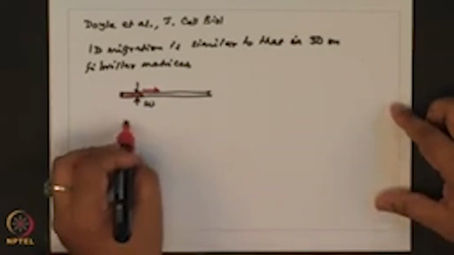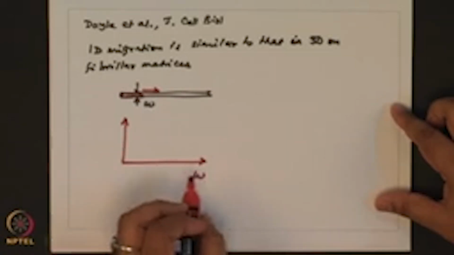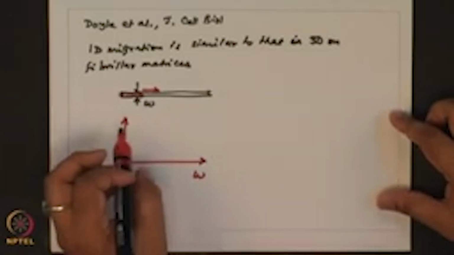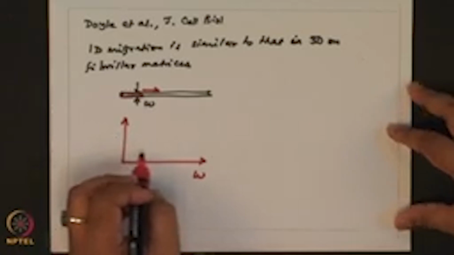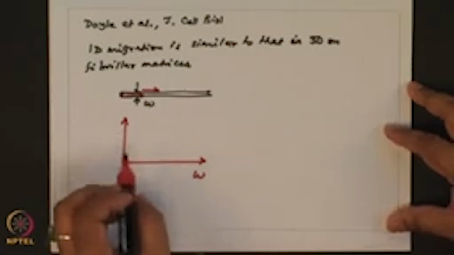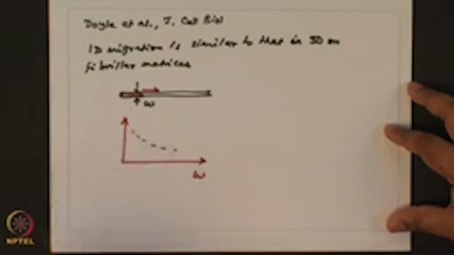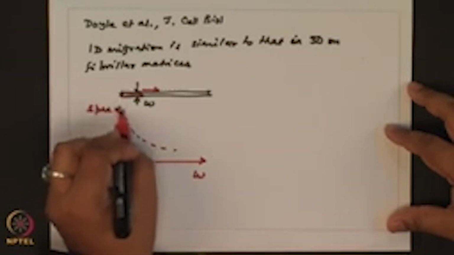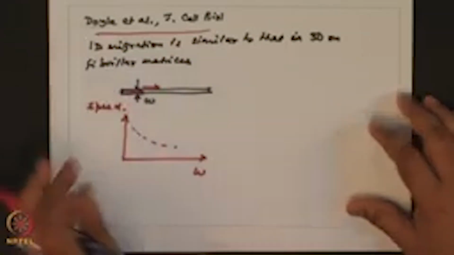What they observed as a function of width was that as the width increased, there was a drop in the extent of migration. In 1D lines, as you increase the width, your speed dropped. I do not want to discuss this study any more, but I refer you to this paper. It would give you an insight as to how cells migrate on fibrillar matrices.